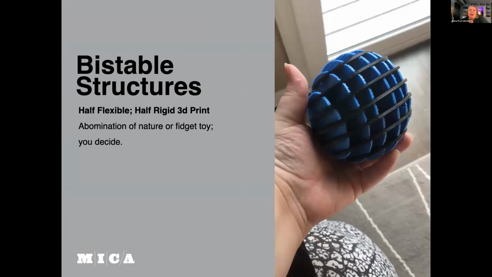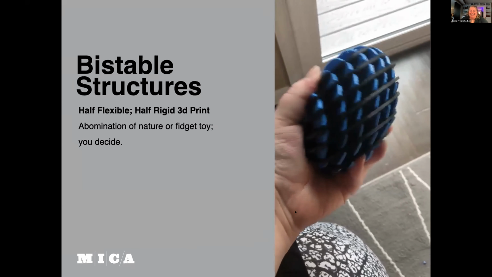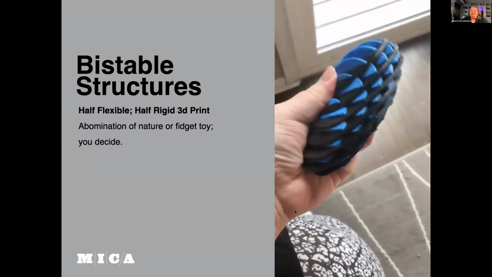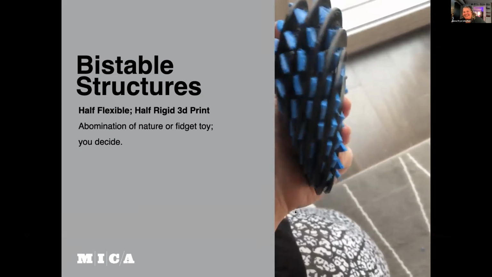Then they asked, what would happen if you 3D printed it? They were telling me about work they're doing with something called bistable structures, where they're trying to make a material that has half rigid and half flexible material properties. So I tried to emulate that with 3D printing. This piece here is half rigid PLA and half flexible PLA. And it makes this, either you love that sound or you hate me right now.